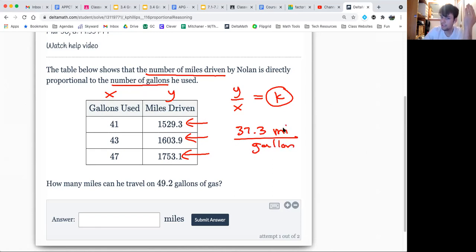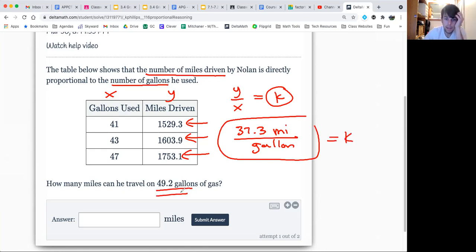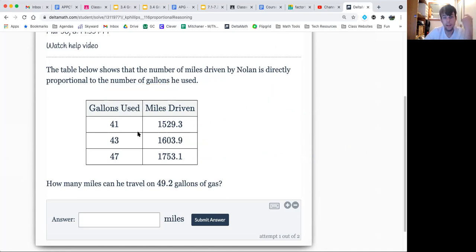I could use this constant of proportionality to help me answer the question at the bottom. I could figure out how many miles he could go on this amount of gas, or I could set up a proportion. I'm going to show two ways. I think the easy way to go straight forward to a solution would be to use a proportion.